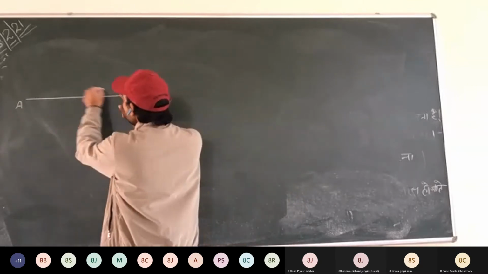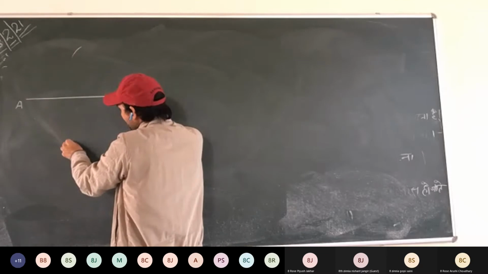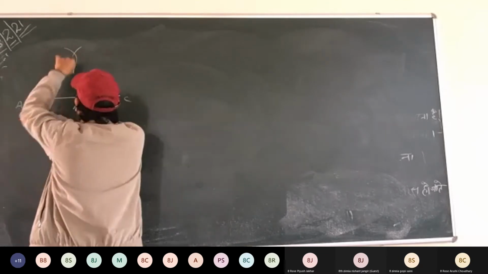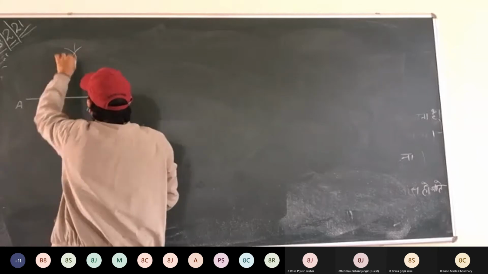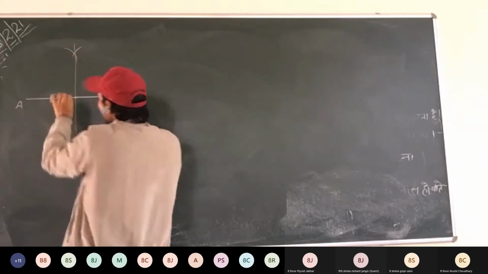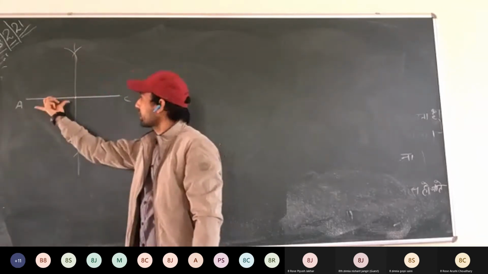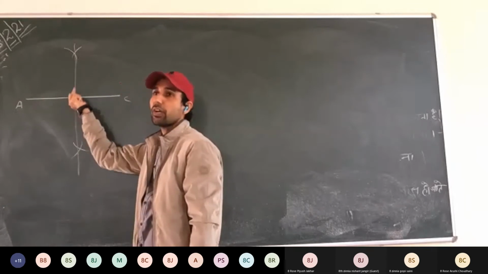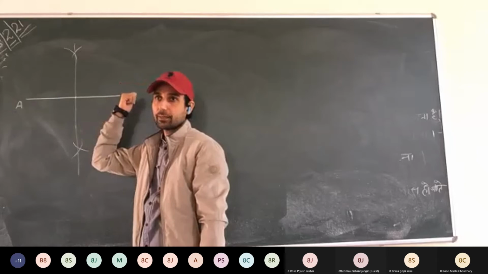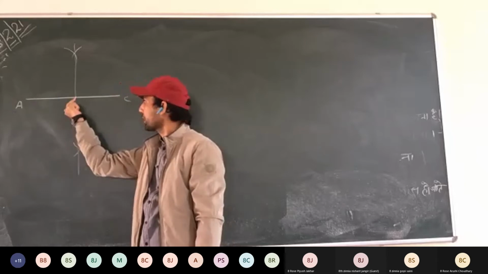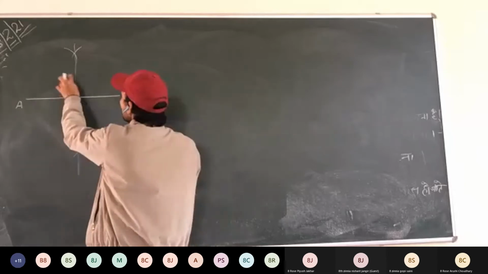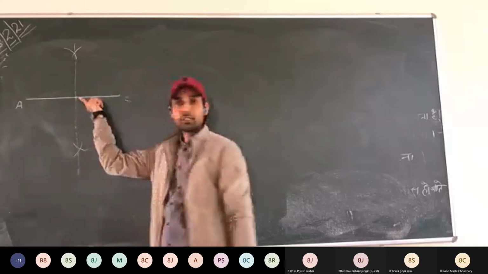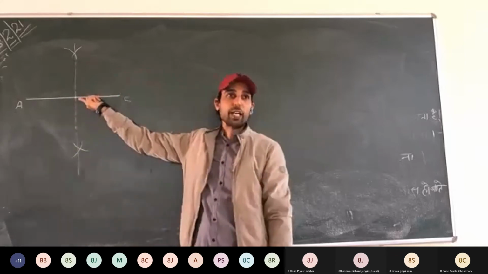Now bisect it. From C, make an arc on both sides. From A, make an arc. This is how we have bisected the line. So this is 3.25. We got the point where the diagonals will meet.